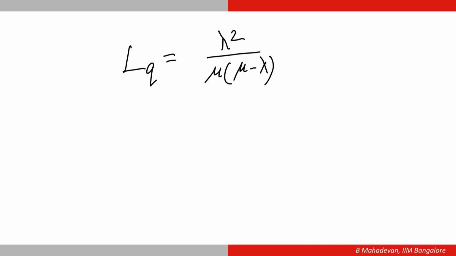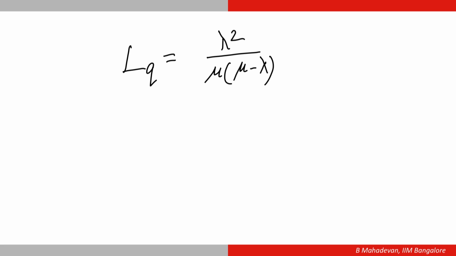Now, let us look at this formula. What is it trying to tell us? The first thing that we notice is if mu and lambda come closer to each other, then in the denominator mu minus lambda will go closer to 0, which really means that this number is going to become very large.